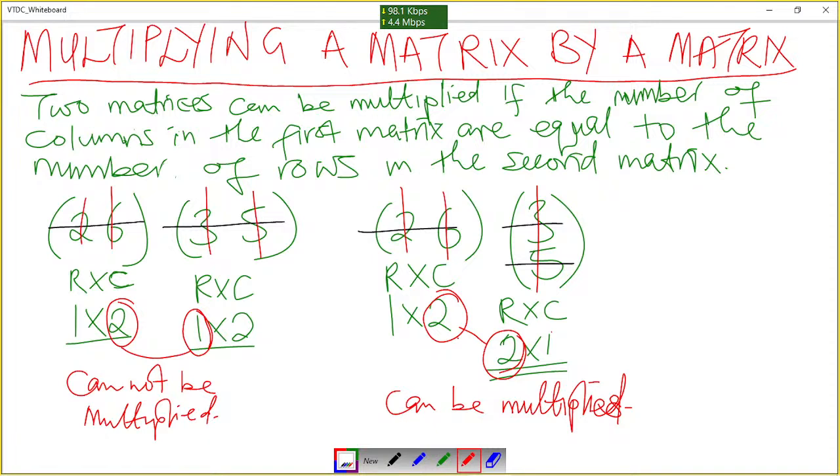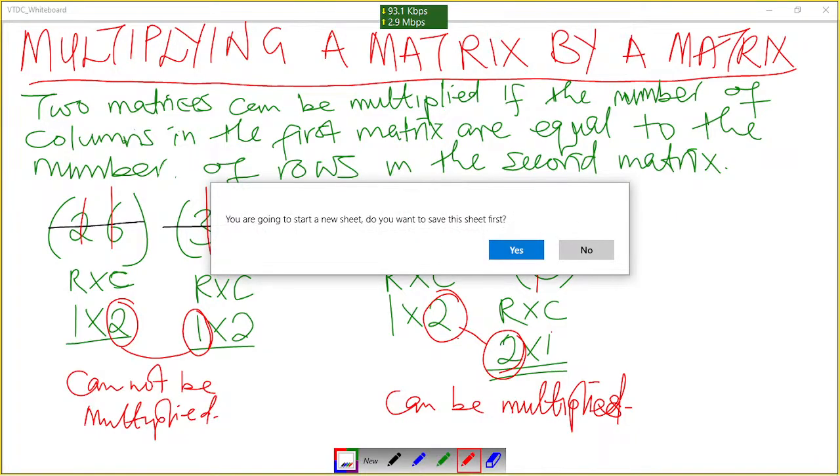But I'm telling you this for your own knowledge, so that in case you encounter such a situation, you're able to use this knowledge and identify matrices that can be multiplied.